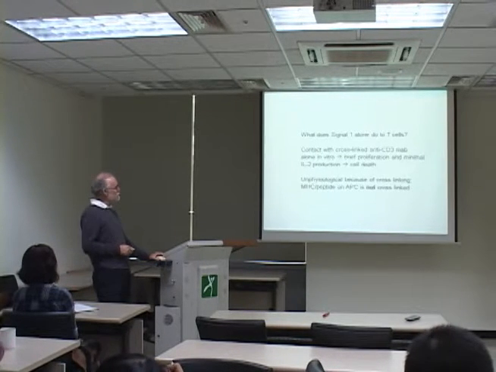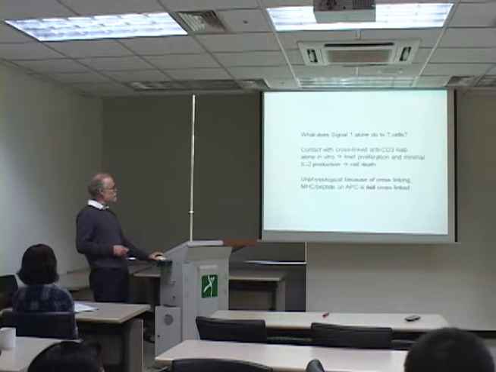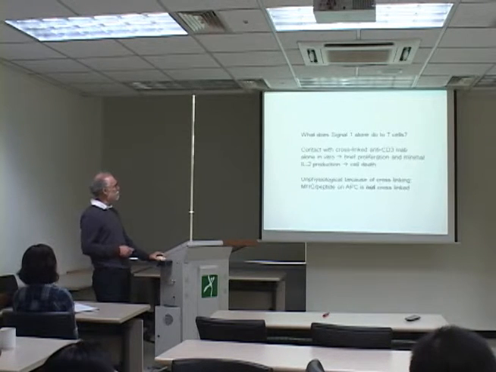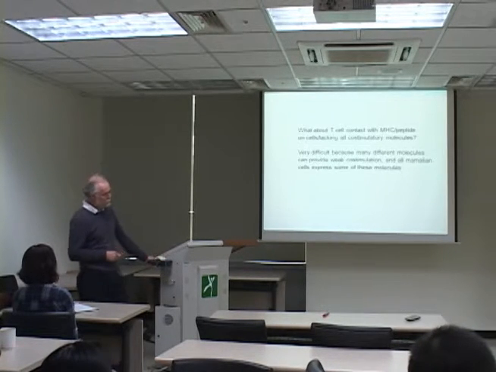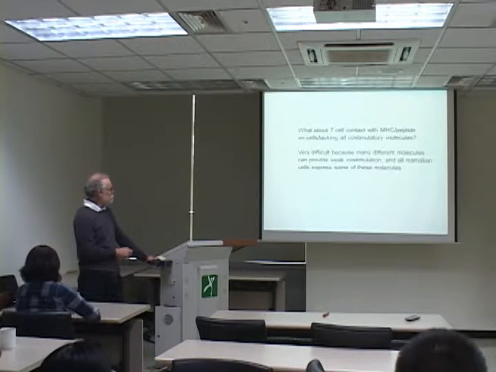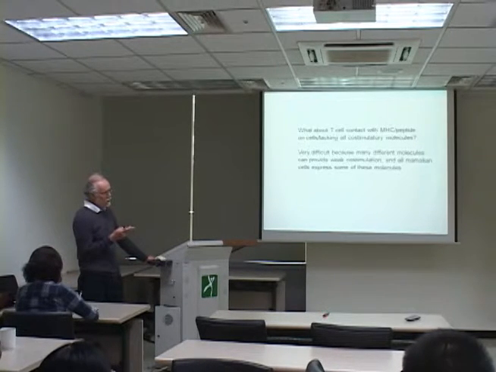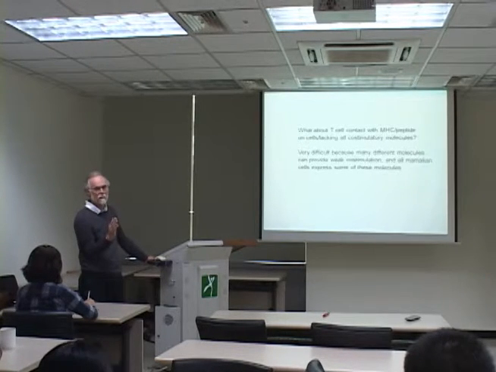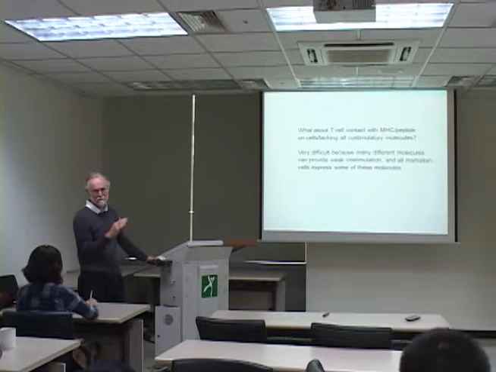This was of some interest to us some years ago, so I just want to briefly talk about how we approached this problem. So optimally, if you really want to look at the consequences of a cell encountering just signal 1 alone, you want to have an APC that expresses just MHC and peptide and nothing else.